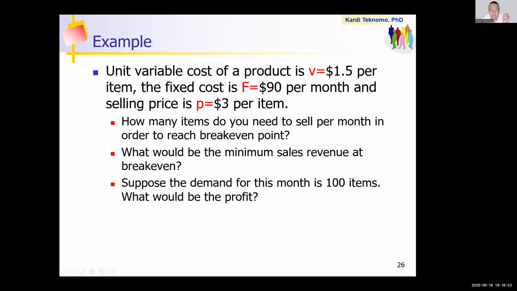So the question is, how many items do you need to sell per month in order to reach no profit nor loss, break even? And what is the minimum sales at that break even, the N? And then the next question: suppose the demand is 100. Is it profit or loss?